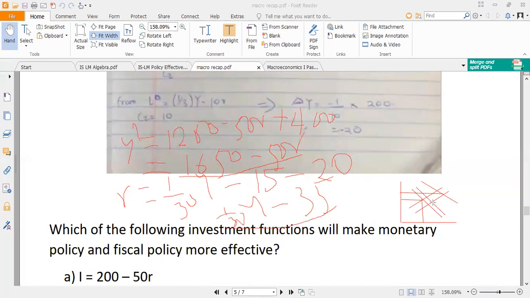This will be the new equilibrium, so there will be a fall in the interest rate. It's even possible that there will be no change in interest rate at all. If you draw your IS curve here, though there's going to be an increase in Y, there will be no change in R. So how you draw the diagram depends on the values that you get here.